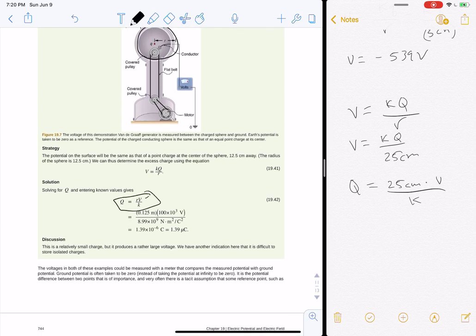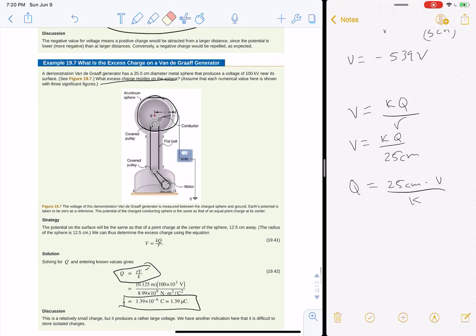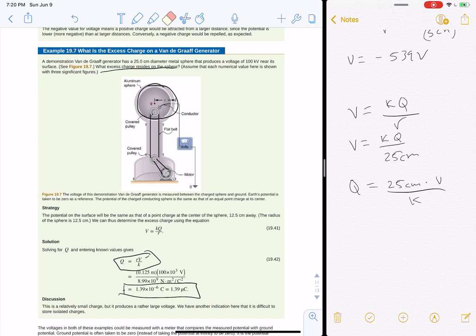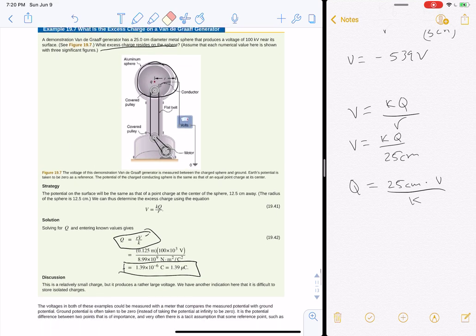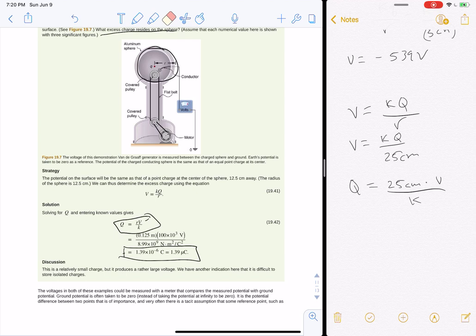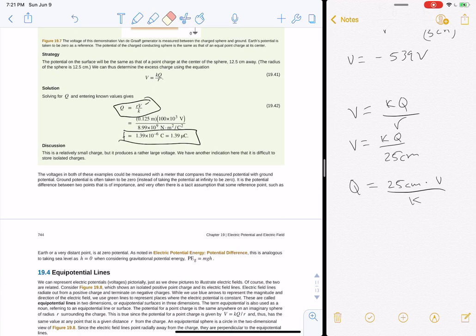Q is rV over k. And you can get the total charge residing on the sphere, since we have a 100 kilovolt separation there, excess charge of 1.39 microcoulombs. Okay, so small charge, like it says here, small charge, large voltage. Okay.